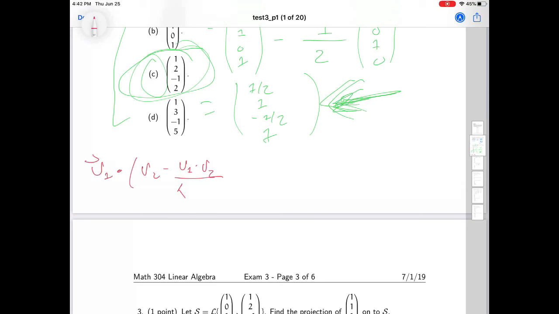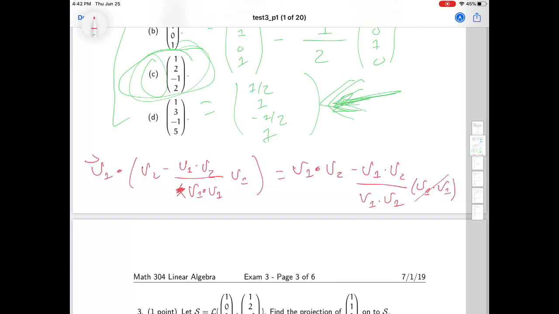So this is v1 dotted with v2, divided by the magnitude of v1 squared, which is just v1 dotted with v1, and I multiply this by v1. Now I can distribute this dot product. So this is equal to v1 dotted with v2 minus v1 dotted with v2 over v1 dotted with v1, and now I'm multiplying by v1 dotted with v1.